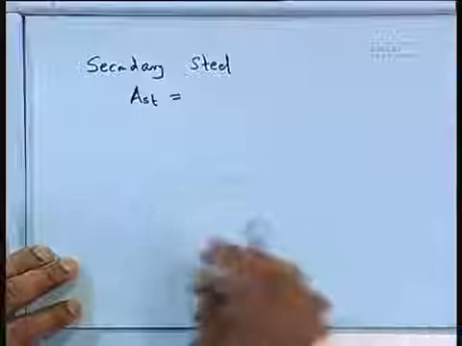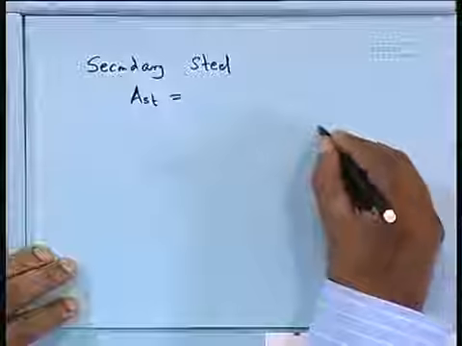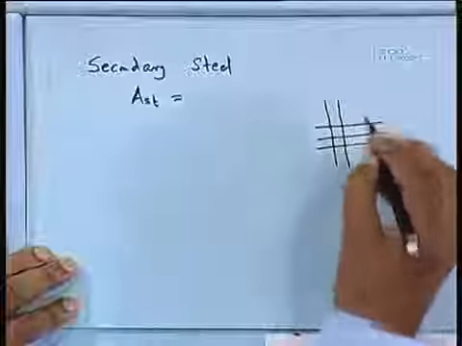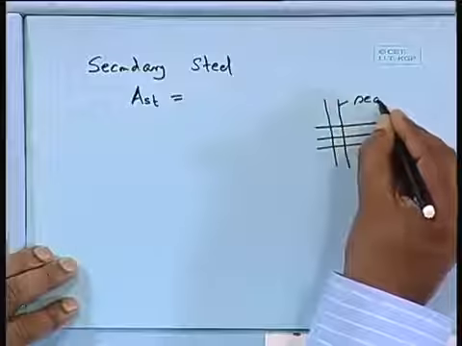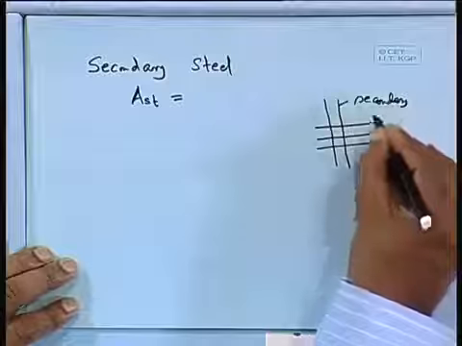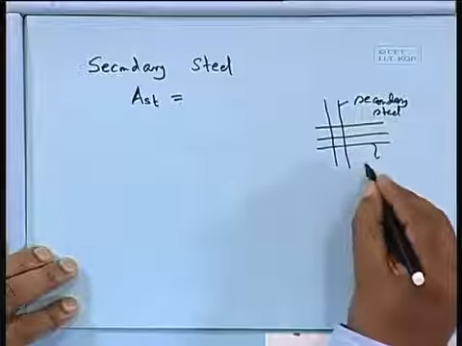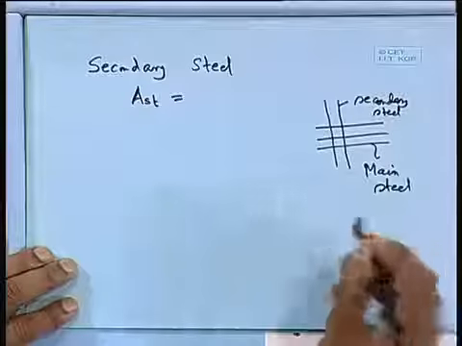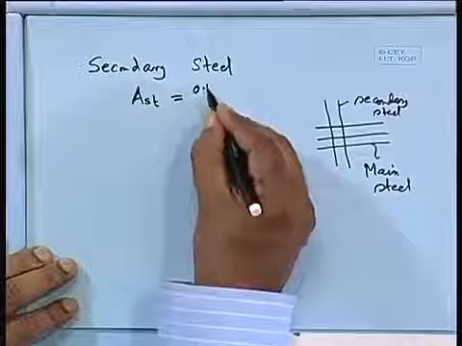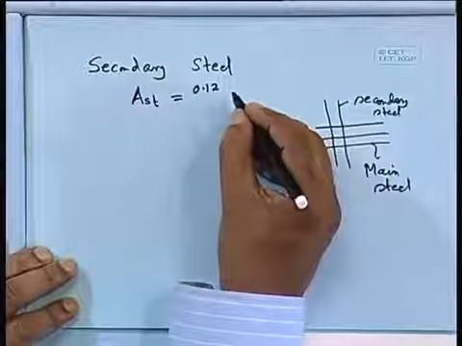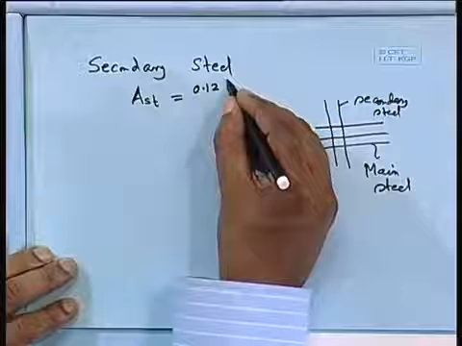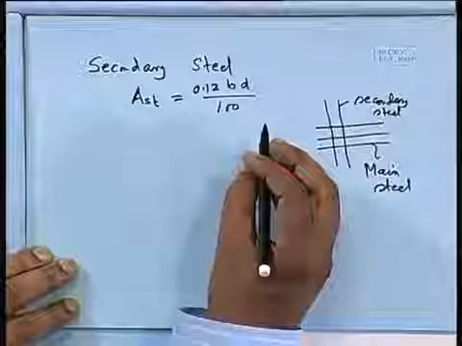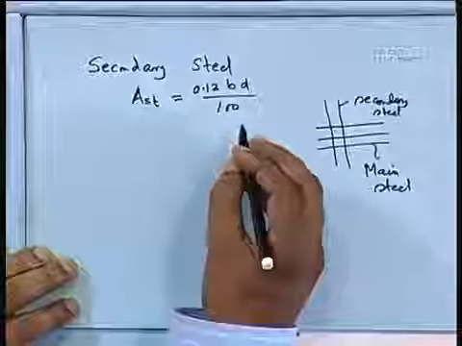Whatever longitudinal steel we are providing along the span, the steel in the other direction is the secondary steel, or we call it distribution steel, and this is the main steel which you compute on the basis of your bending moment. So Ast will be equal to 0.12 percent, that is the minimum you have to provide, times bD. For mild steel it is 0.15, for Tor steel it is 0.12.